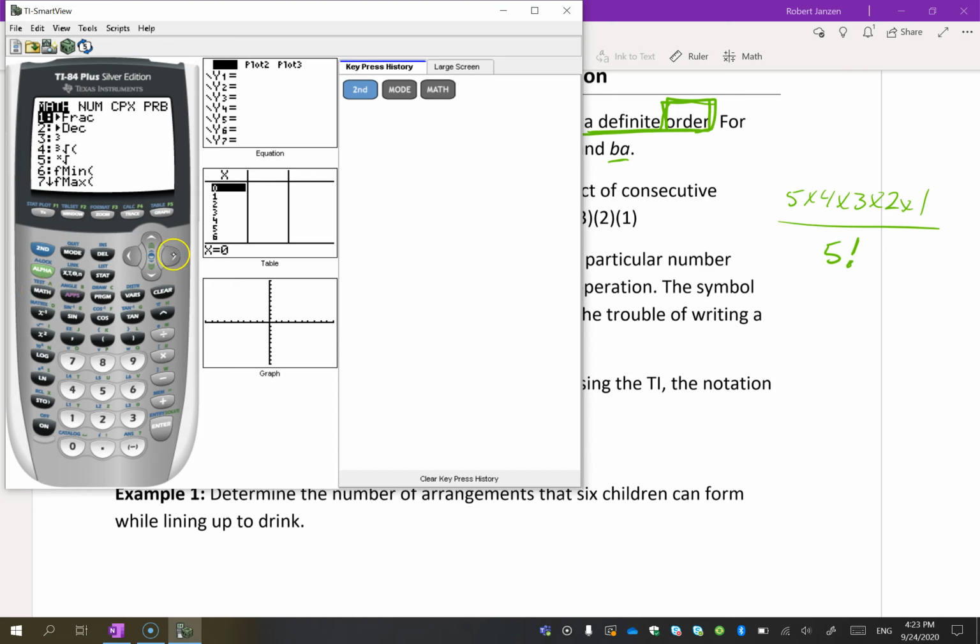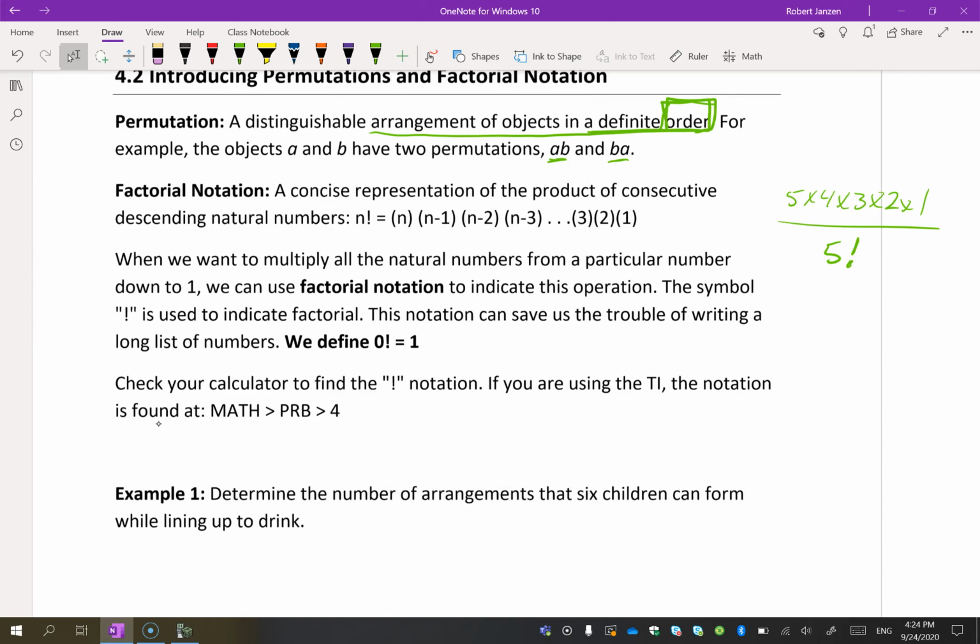What you want to do is scroll to the right until you get to PRB, which is probability, and there you see it. It's number 4. The problem is you need to put the number in first. So let's try 5 factorial. Go 5, press Math, scroll over to probability, then press 4, and you get 5 exclamation. 120, which is 5 times 4 times 3 times 2 times 1.